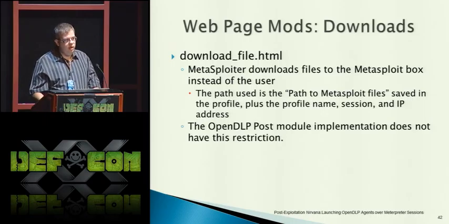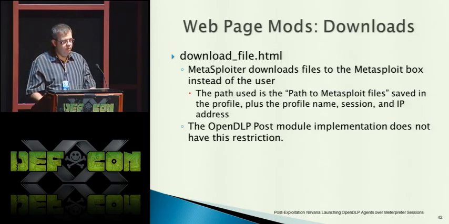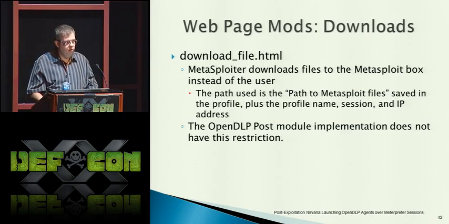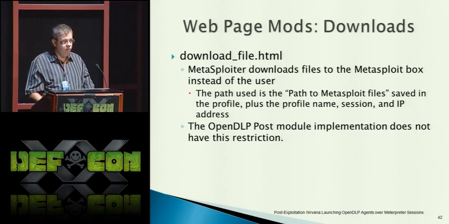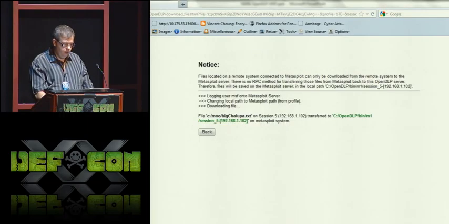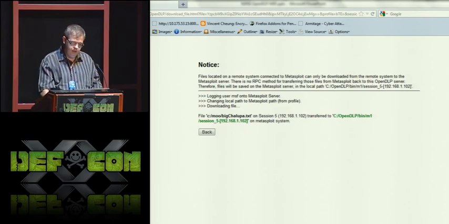What I do instead is I use that path to OpenDLP files on Metasploit, where the deployment files are located, and I create a path under there using the IP address, the session ID, and the profile name, and store the file there, so you can get it off the Metasploit box later. Again, the post module deployment doesn't have this restriction. And this is what it looks like for a Meterpreter based. The path in green, if you can read it, is where it will save a file to.